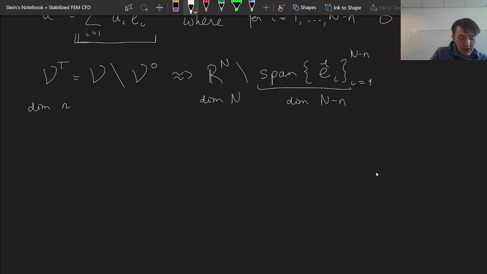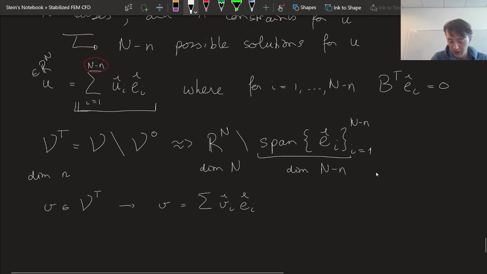For any vector v in that space, I can write v as the sum over these v coefficients times this new basis, but specifically all the ones that are left over, for i equal to n minus n plus 1 until N. So this is going to be all the leftover bases that do not satisfy the constraint.